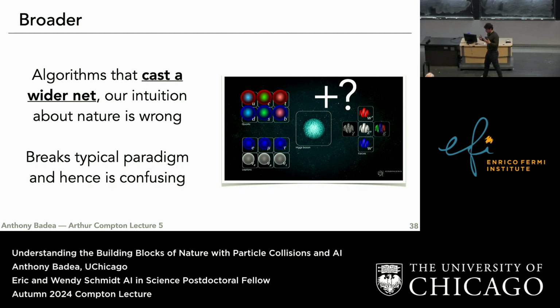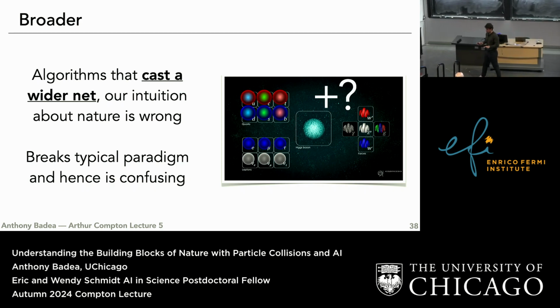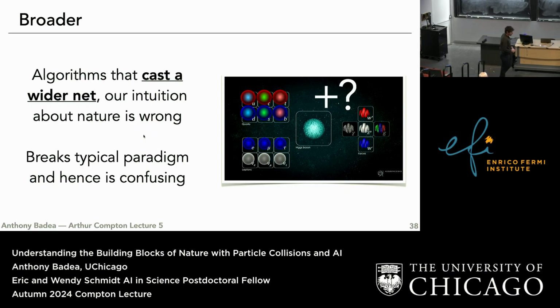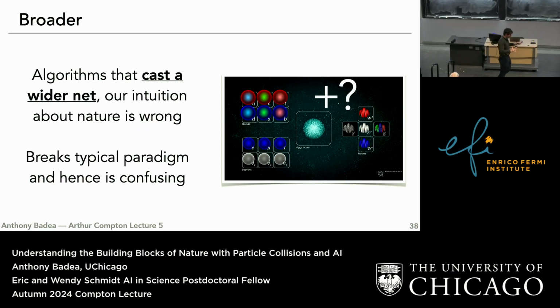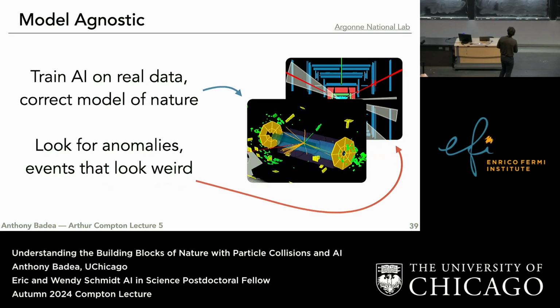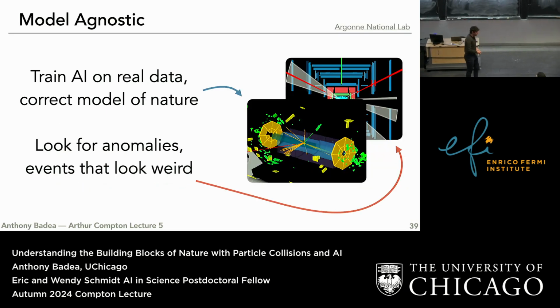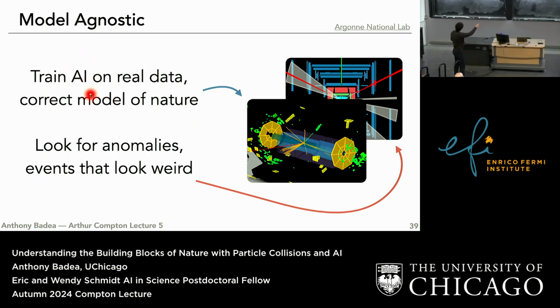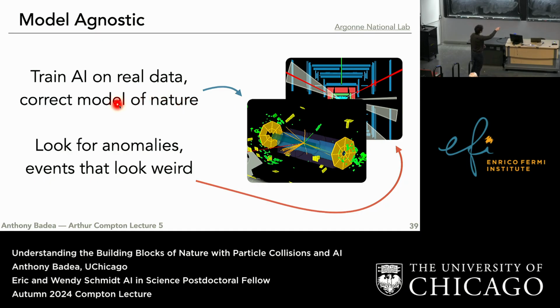Encoding that idea that we're actually wrong into algorithms has interesting implications. The biggest of them for me, in one sentence, is that it breaks the typical paradigm, and hence, to my simple brain, is very confusing. This falls generally under the name model agnostic. The idea is that you train some AI algorithm on real data, data coming straight out of the experiment.